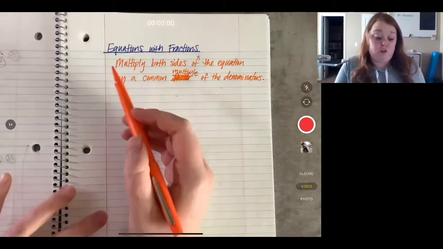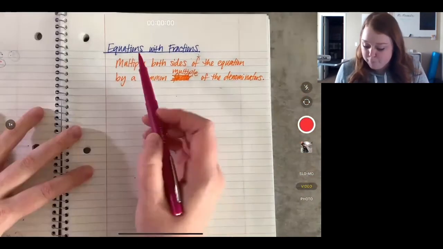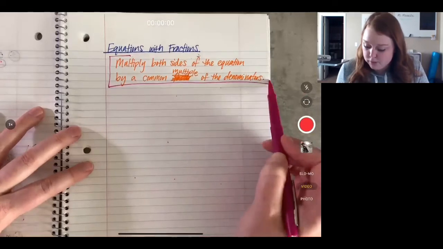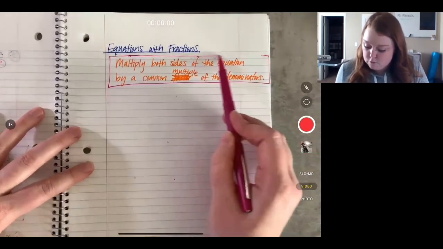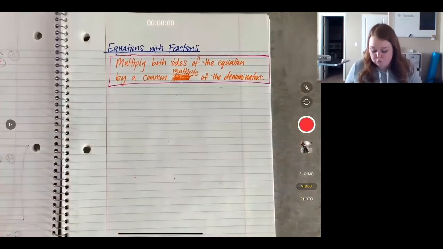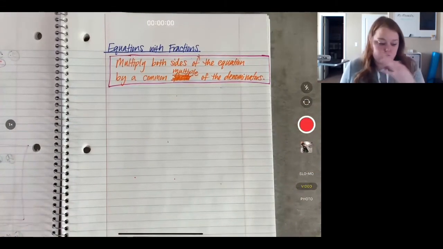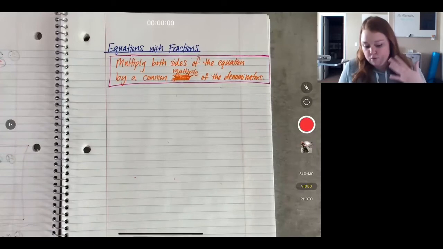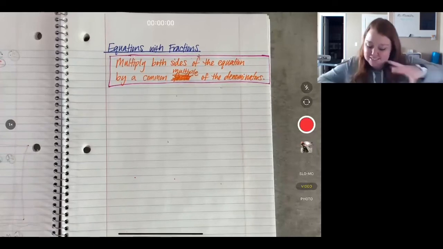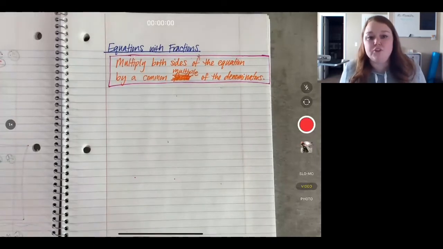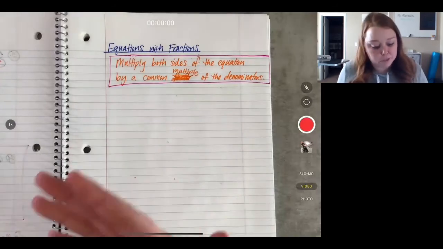Struggling a little bit today, sorry. Okay, multiply both sides of the equation by a common multiple of the denominators. Now, some of my kids kind of flub the vocab and say lowest common denominator, and it's basically the same thing, okay? You'll see what I mean when we do it.